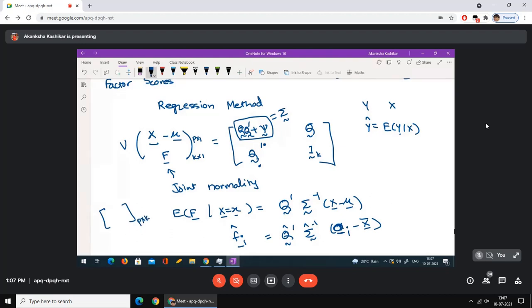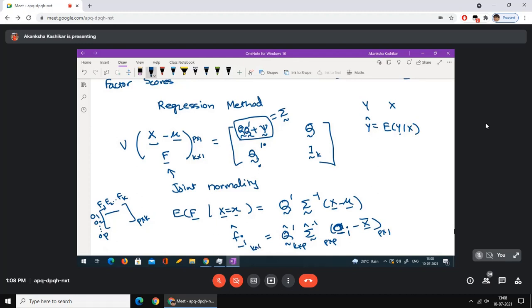There it was P cross P, here it would be P cross K. So I would have factor 1, factor 2 up to factor K, and then observation 1, observation 2 up to observation P. So what is the order of Q? Q is P cross K. So Q prime is K cross P, then P cross P, and this is P cross 1. So the overall product is K cross 1.